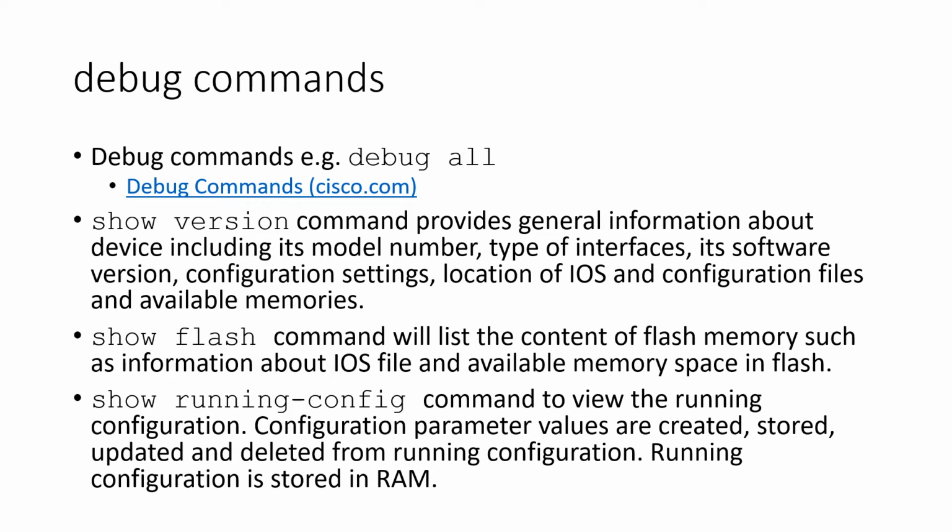So debug commands, for example, debug all, right? These are commands that are used when you're configuring the router. Okay, so show version command provides general information about the device, including its model number, type of interface, its software version, configuration settings, location of IOS and configuration files, and available memories.